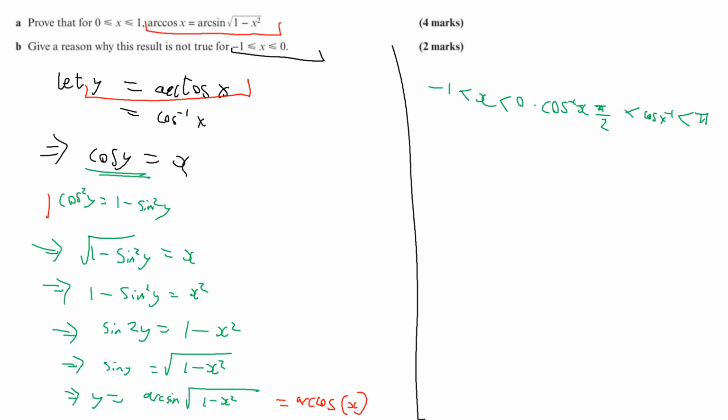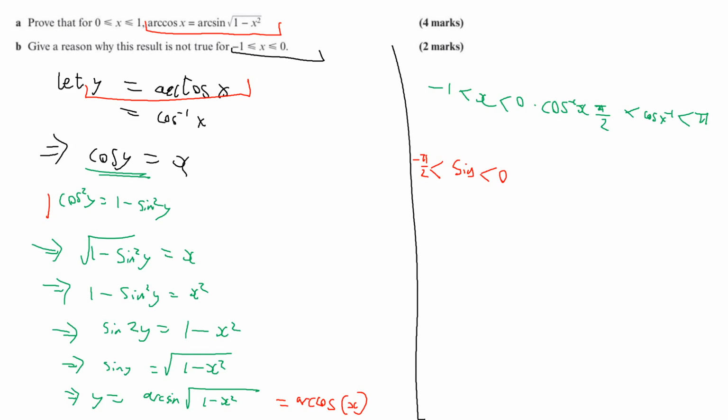If we look at the arc sine graph, however, it goes between minus pi over 2 and 0 in that case.